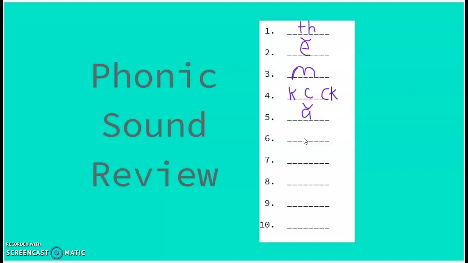Z and S. Number 7, e. This is a long vowel because it says its name.